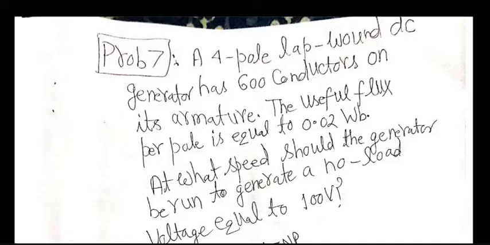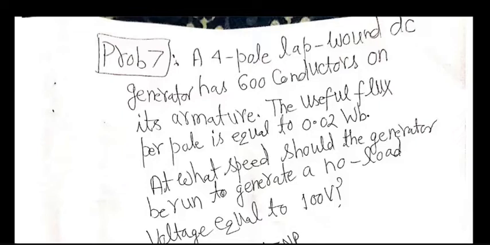Some of it is leaked out through several paths. The leakage is undesirable, but it is there. So when they say useful, they mean they have excluded leakage. They are talking about the actual flux which is being coupled to the armature windings. So whether you see useful flux per pole or flux per pole, assume that you are looking at useful flux per pole. Leakage has been omitted from the number.